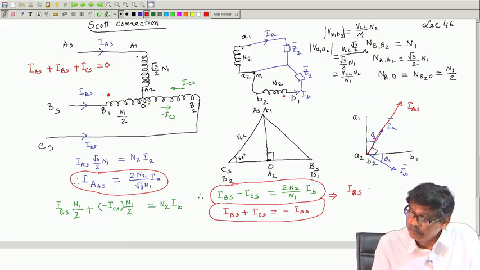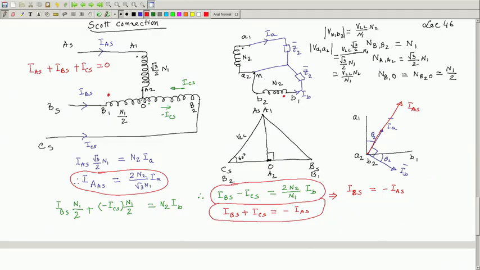I B S will be equal to adding these two, that is minus I A S and plus 2 N 2 by N 1 I B, by 2.